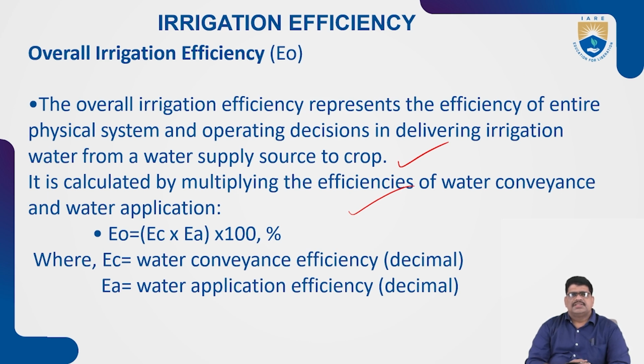And EA is the water application efficiency: how much quantity of water can be applied. Therefore, overall efficiency EO, the overall irrigation efficiency, is equal to EC into EA into 100 percent.